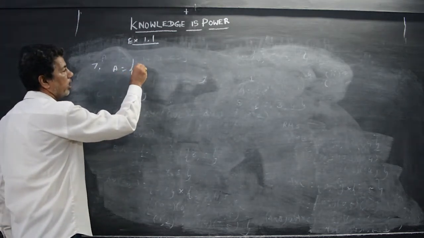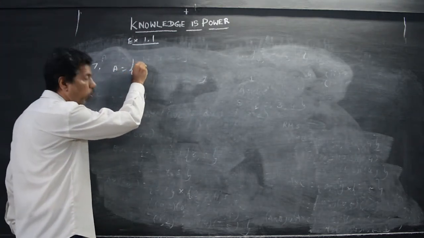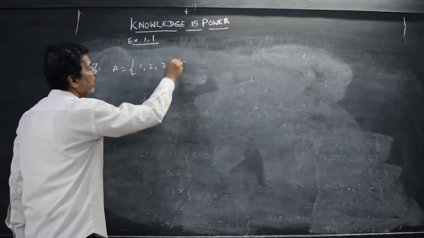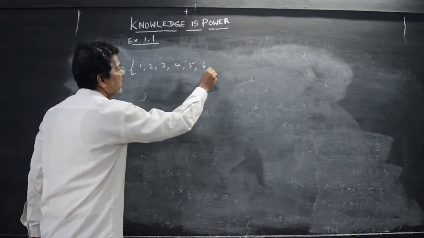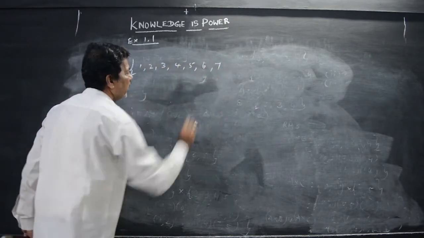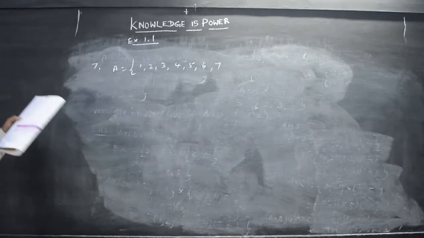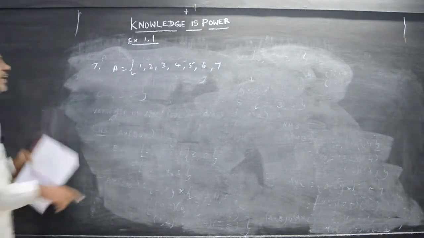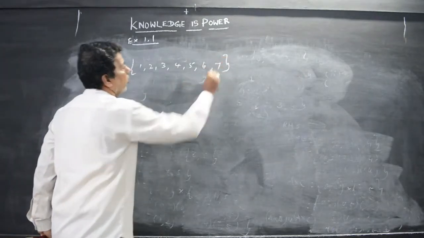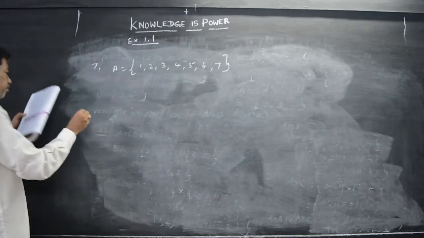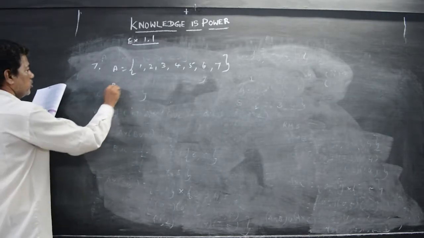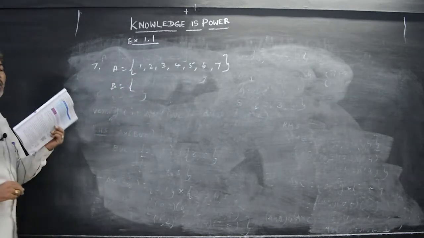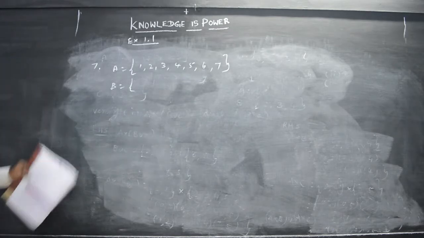Already I told you natural numbers should start with 1, 2, 3, 4, 5, 6, 7, but the condition given is less than 8. Next, the B set: B equal to the set of all prime numbers less than 8.